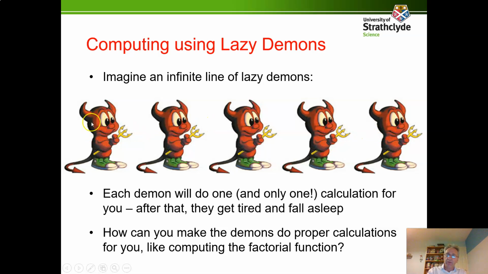Let's say we give this guy the factorial of 3 to do. He asks this guy what the factorial of 2 is, and then he asks this Steve what the factorial of 1 is, and then he asks this Steve, hey, what's the factorial of 0? At this point, this Steve says the factorial of 0 is 1 and passes it back. So this daemon now says, okay, the factorial of 1 is 1 times 1 and passes it back.